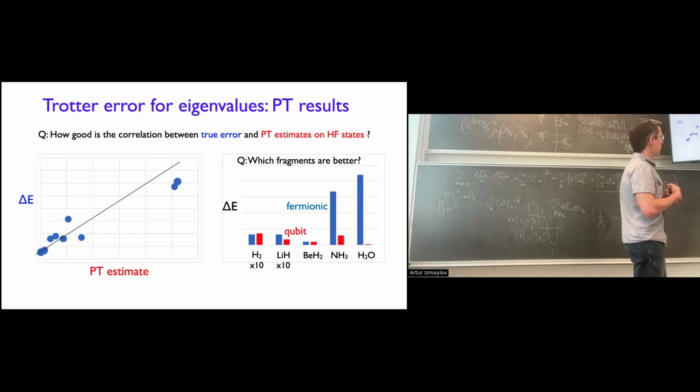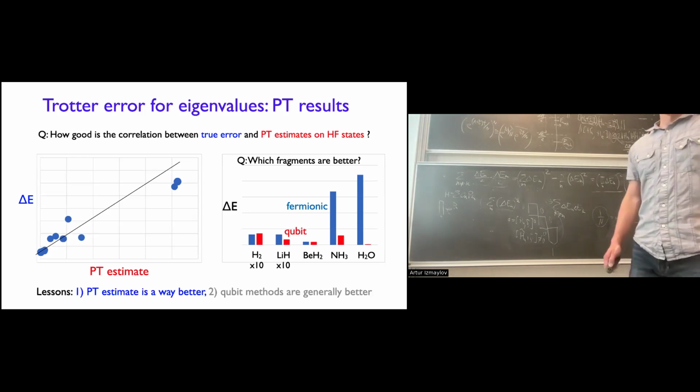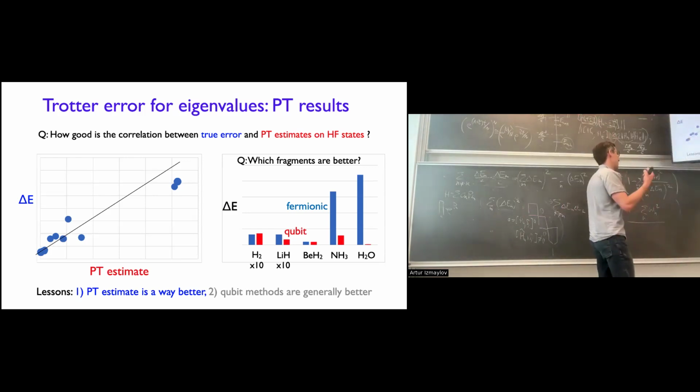And then if we ask the question which fragments are better, things are not as before. It turns out that the qubit fragments perform quite nicely compared to the fermionic fragments, which are not doing so great, especially for larger systems. So the lesson here is essentially that perturbation estimates are way better if you are interested in the eigenvalue problem.